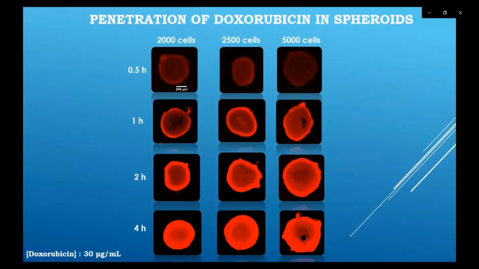We chose three different cellular densities and watched over the span of 4 hours, and we can see that with the passage of time the doxorubicin accumulates in the spheroid, making it more and more red and fluorescent.